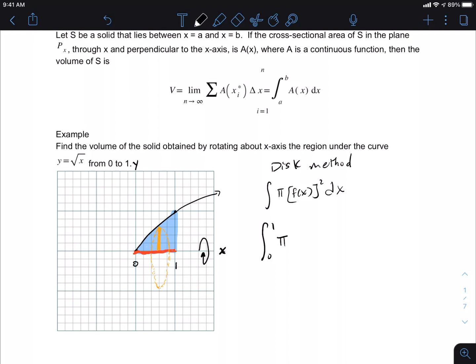What's the height of this right here? How far is it from the x-axis to this right here? Don't be so specific. That's not 3. This is 1 right here.